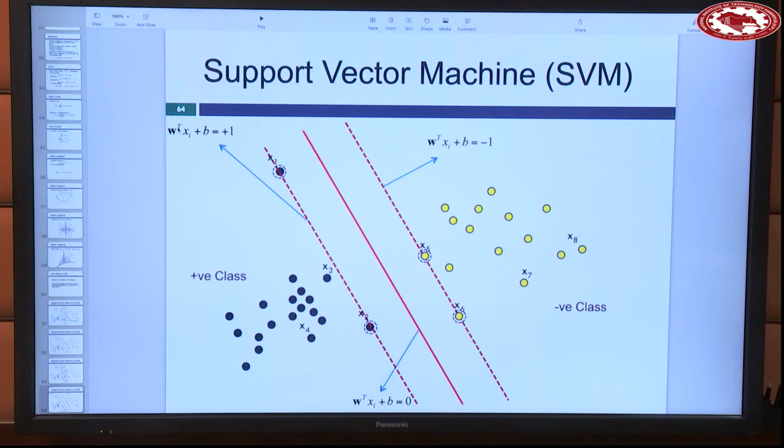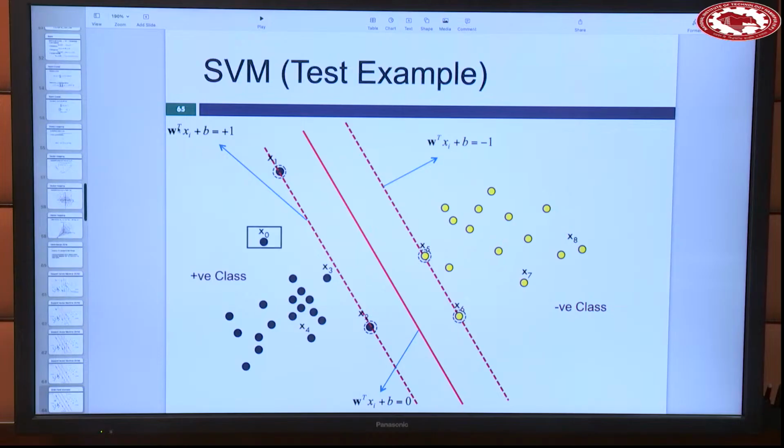That's why the equation of the marginal plane is W transpose xi plus b equal to plus 1 for the positive class, and for the negative class it is minus 1. Why is it minus 1? Because the middle plane is W transpose xi plus b equal to 0, so anything above has a greater value and below has a negative value. That concept you know geometrically.